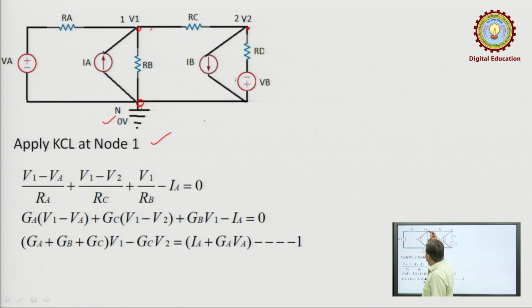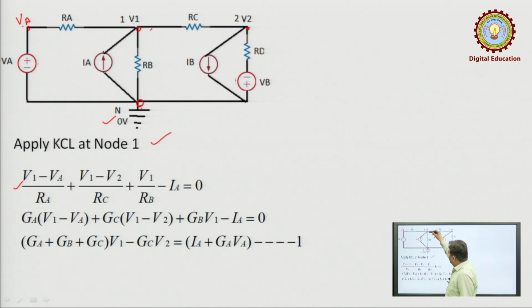This is the resistance; the voltage at this end of the resistance is V1 and the voltage at the other end is VA. This voltage is written with reference to the datum, minus to plus, so the voltage is VA. The current in the resistive branch RA is the difference of voltage divided by resistance, (V1 minus VA) divided by RA. Current is leaving, so it is considered positive.